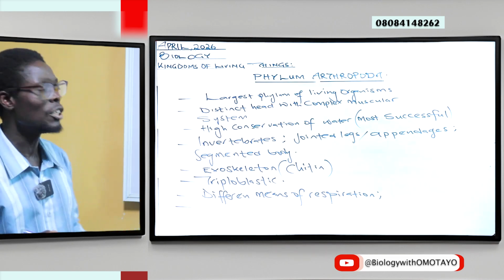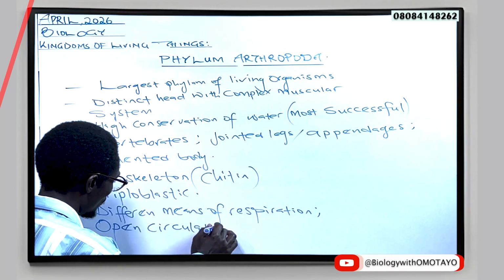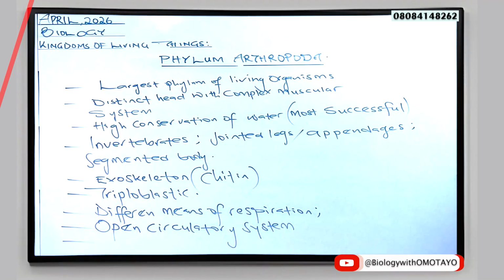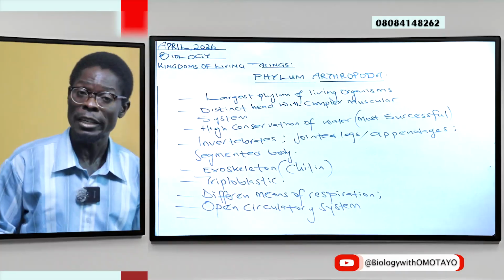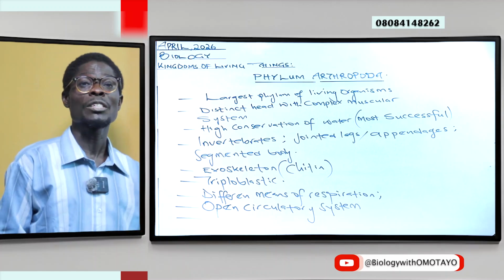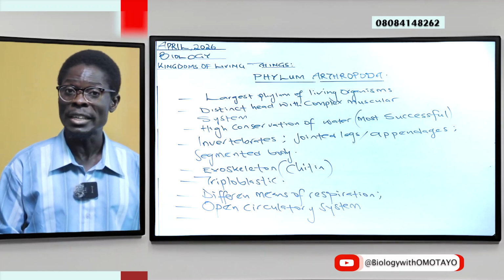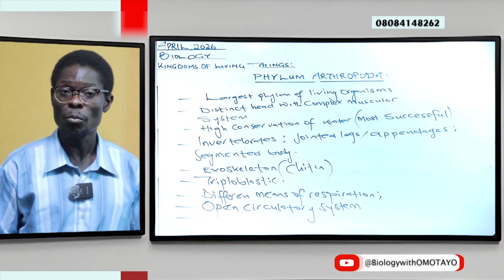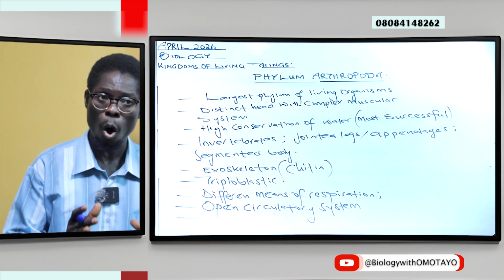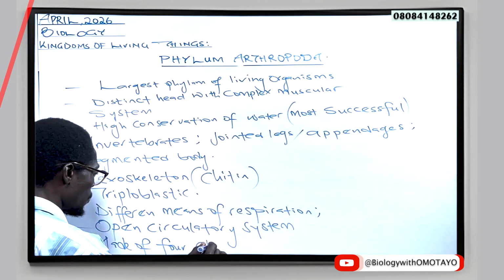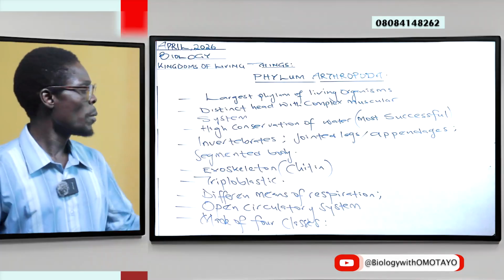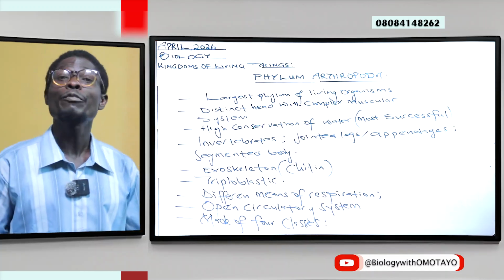Open circulatory system. And they are the most common members of the kingdom Animalia. Members of this phylum can be found virtually everywhere. Our last point will be that it is made up of what? 4 classes. So with this, we will be moving on to examine the 4 classes.